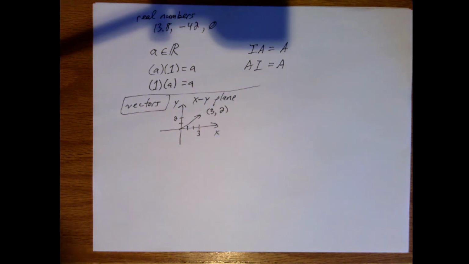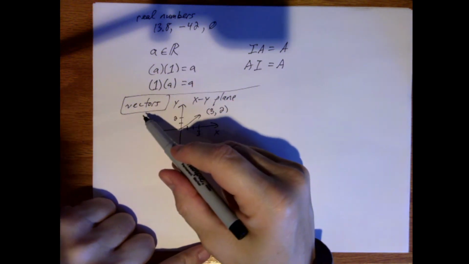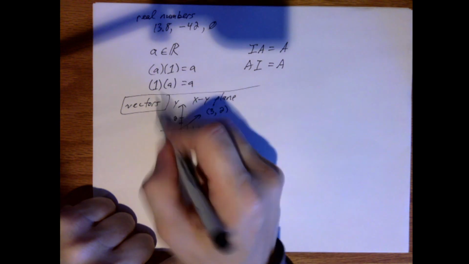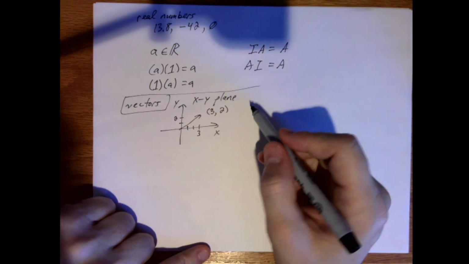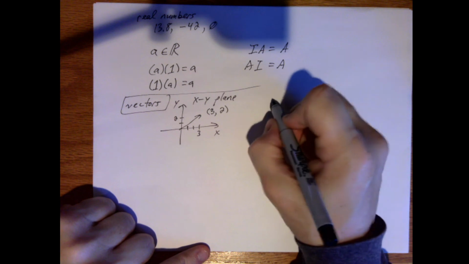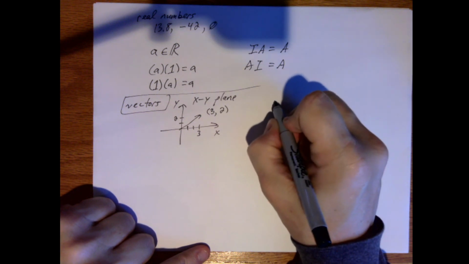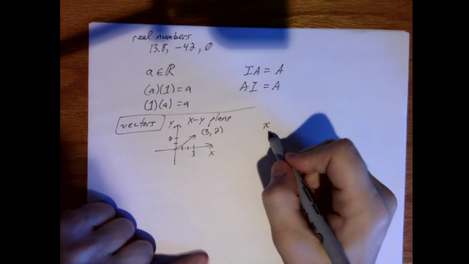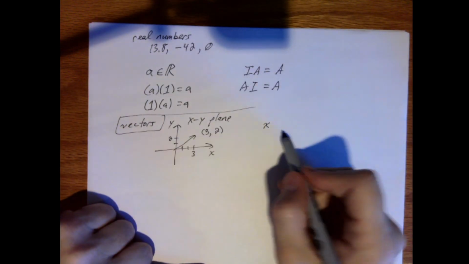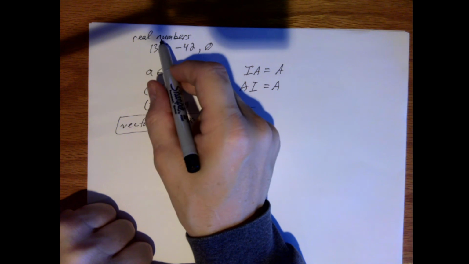Okay? So how do we represent that as a vector in the linear algebraic sense? Well, the way I would write that, normally I would do something like this. It's very common to use the letter X. But we want to distinguish between vectors and real numbers, or actually scalars.